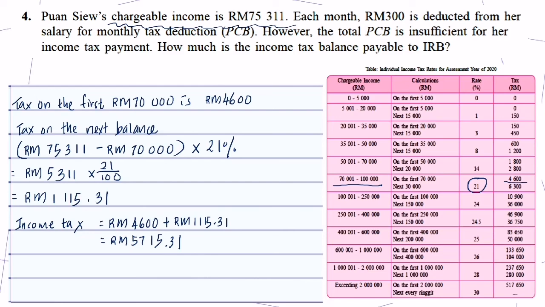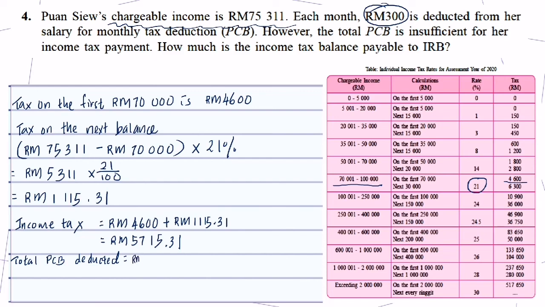Okay, so next thing we need to calculate the total PCB deducted. So we refer to here. Each month 300 ringgit is deducted from her salary for monthly tax deduction.